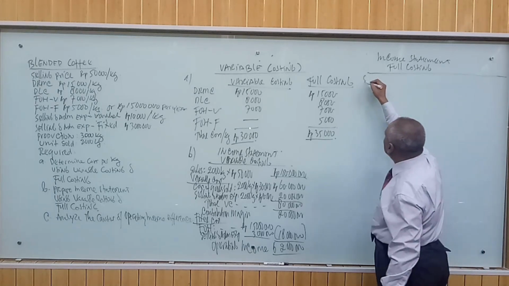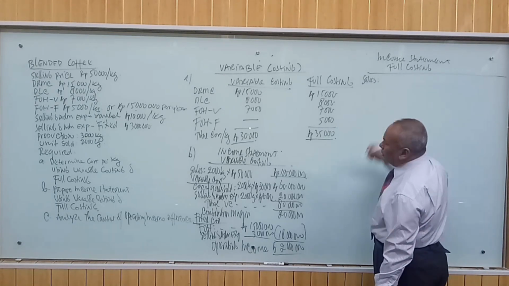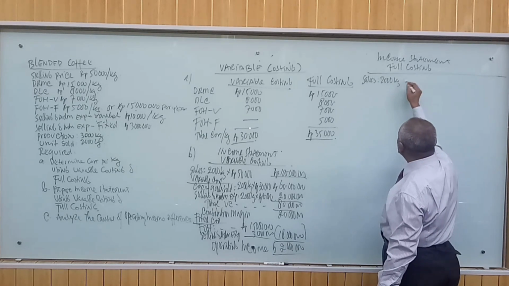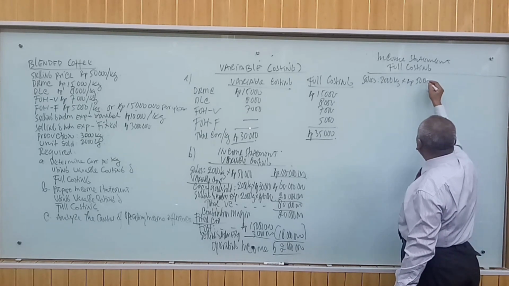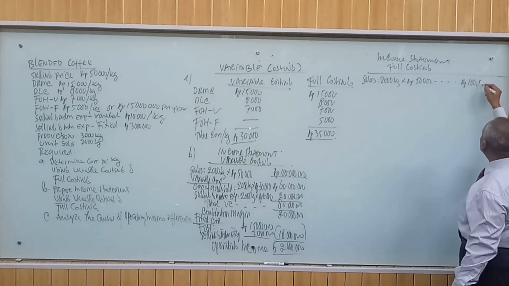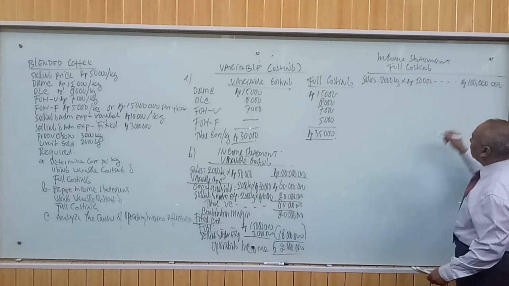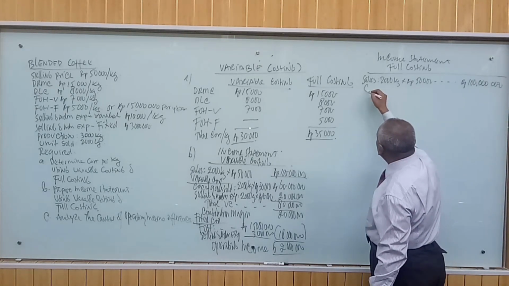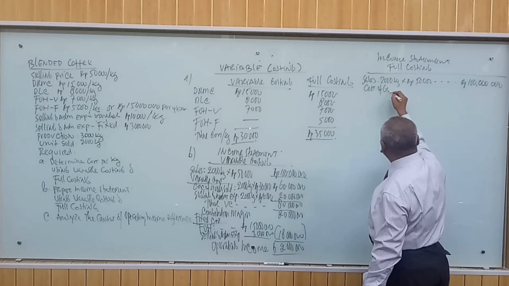We have the same sales, 2,000 kg times 50,000, so 100 million, minus cost of goods sold.